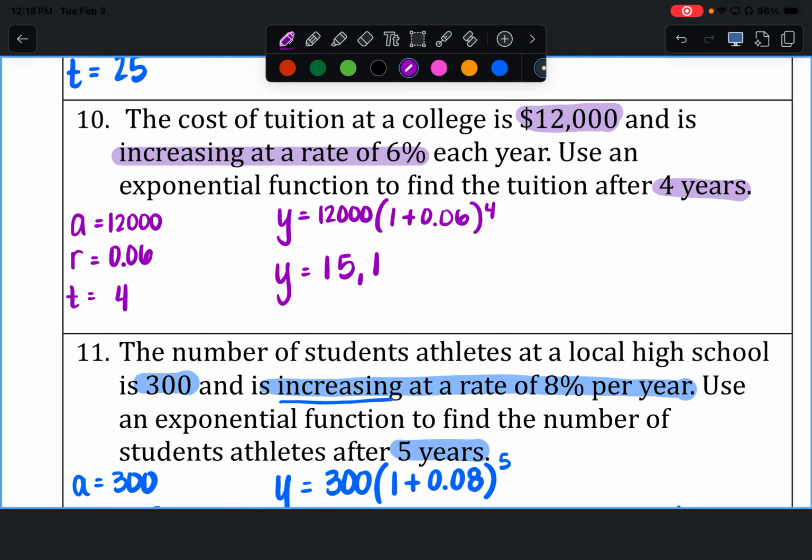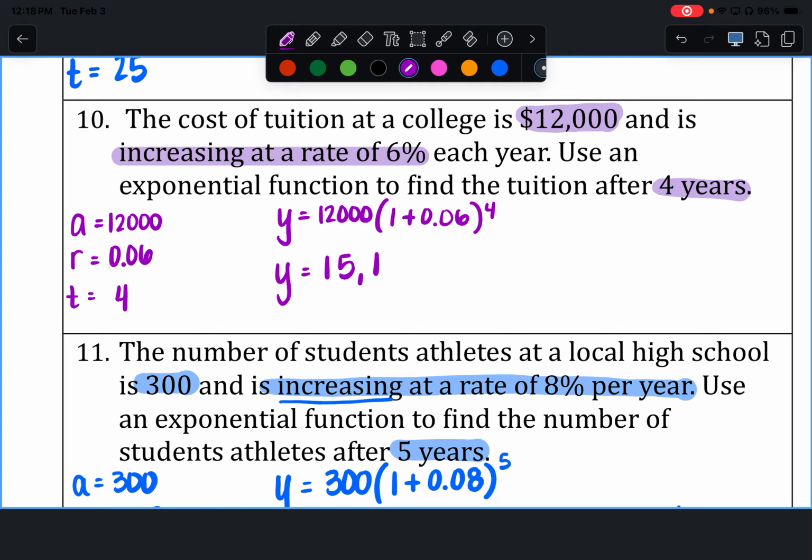Okay? Now, we're going to go ahead and look at exponential decay. Exponential decay is where we start big and it's going to decrease over time. Everything we've looked at for decay so far, we've had B less than 1.